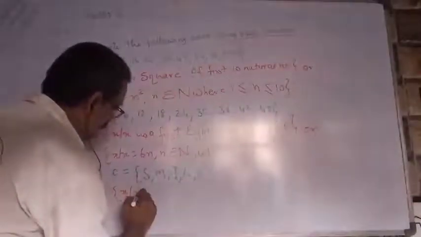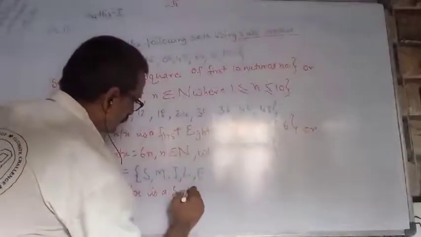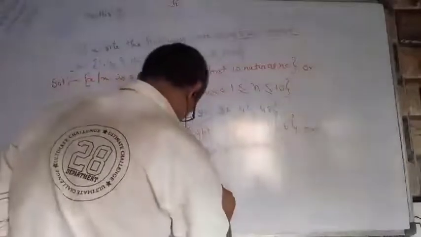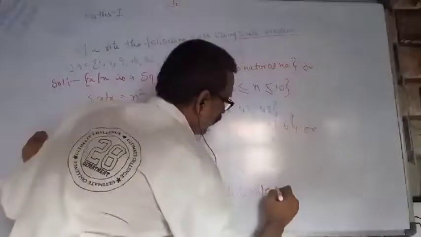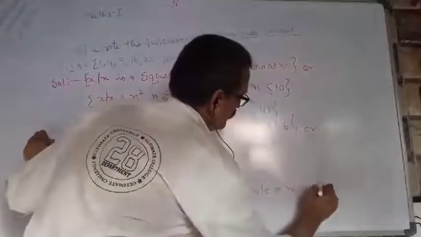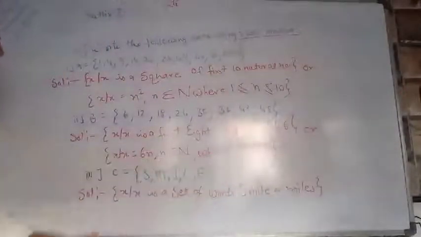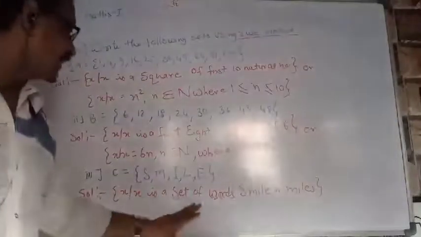Now we write: x such that x is a set of words smile or miles. It looks like smile or miles. Both have the same alphabets.